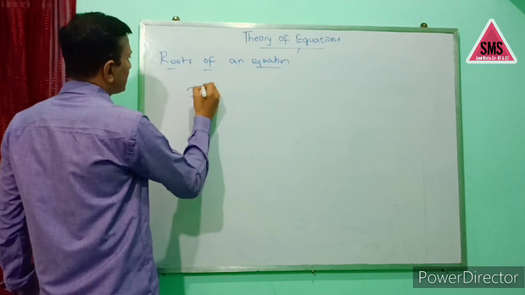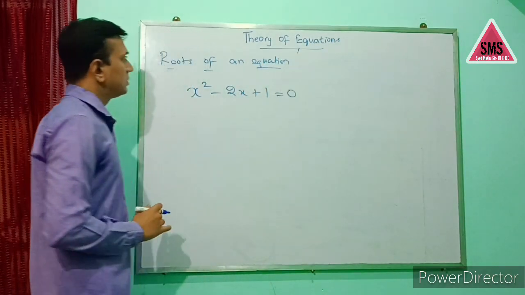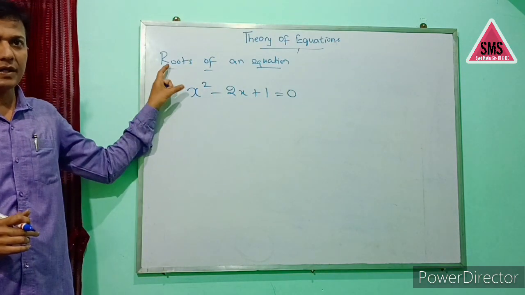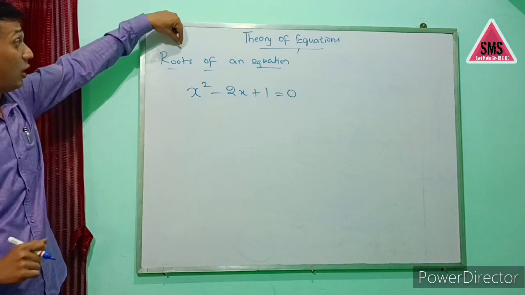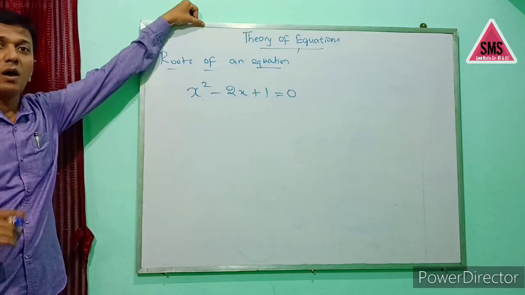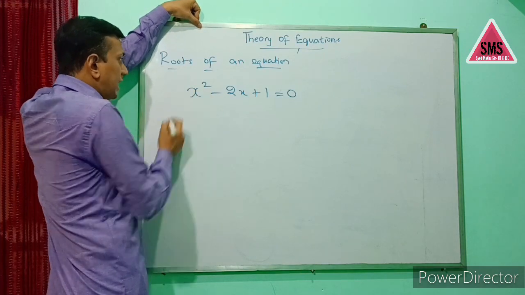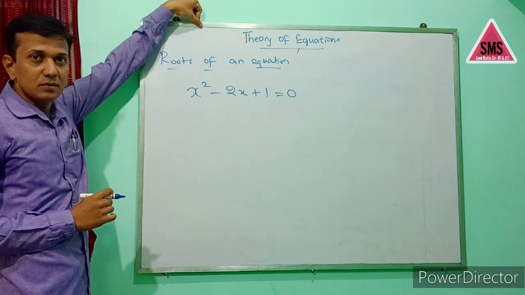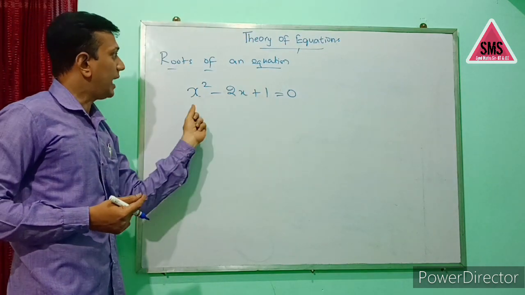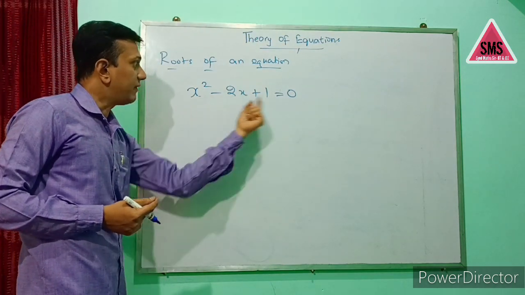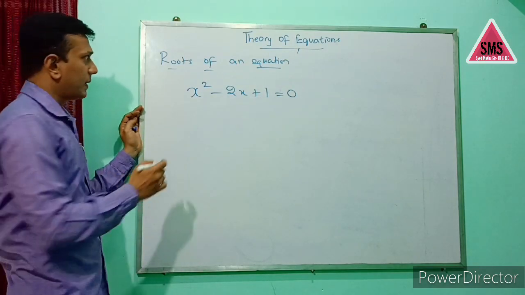Suppose I take the example x square minus 2x plus 1 equals 0. It is a polynomial equation, and since it is degree 2, it is called a quadratic equation. Now, what is the meaning of roots of an equation? If I substitute some value in the place of x, then the entire left hand side becomes 0. That is the meaning of satisfying.